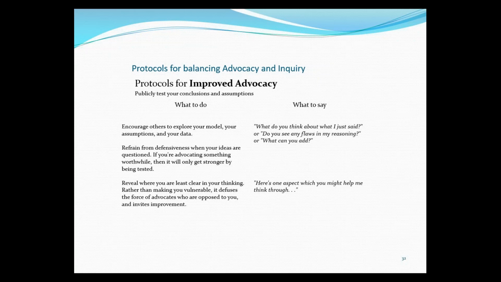So you're going to want to be able to say things that invite this kind of dialogue and exchange. What do you think about what I just said? Or what could you add? Or do you see any flaws in my reasoning? Or here's an aspect which you might help me think through, because I'm not totally clear on this. I have some ideas, but I don't know all of it. Or just simply, do you see things differently? Tell me, based on your experience, based on your perspective, where you're coming from, can you add to the conversation?